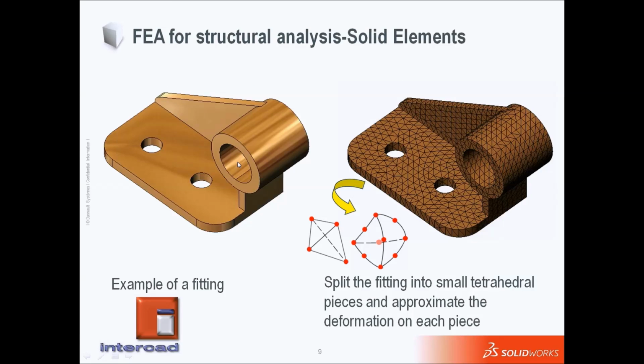Next is, as we described before, how we discretize the model, how we describe our actual 3D geometry. If we have a solid model with appropriate dimensions and thickness, for example a fitting, we can split the fitting into small tetrahedral pieces and approximate the deformation on each piece. In this case, the elements could be draft quality, where we have 4 nodes and 6 connection lines.